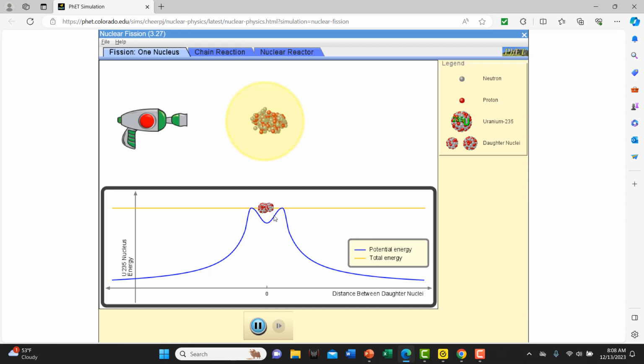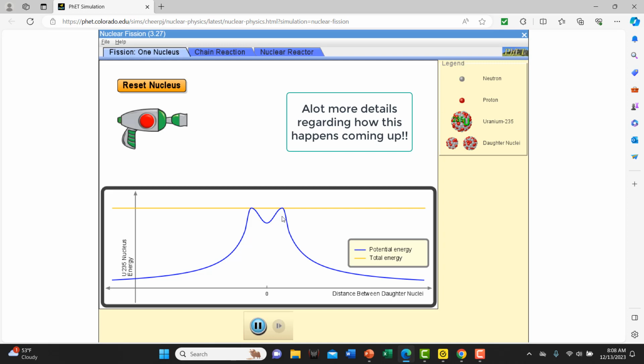You can see the vibration causes deformity of the uranium-235 nucleus. The deformity of the shape reduces the strong nuclear force by an amount greater than the drop in the Coulomb repulsion force between the protons, and that causes it to split into the 2 daughter nuclei here.